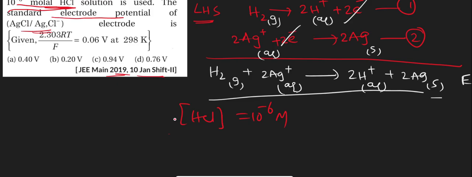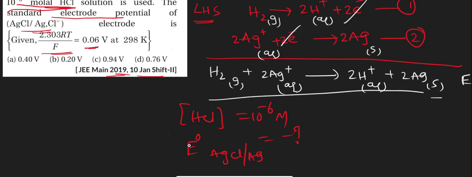So this is the question. Now, for solving, they have given additional information: 2.303 RT by F, which you need to take as 0.06 volts at the temperature of 298 Kelvin.